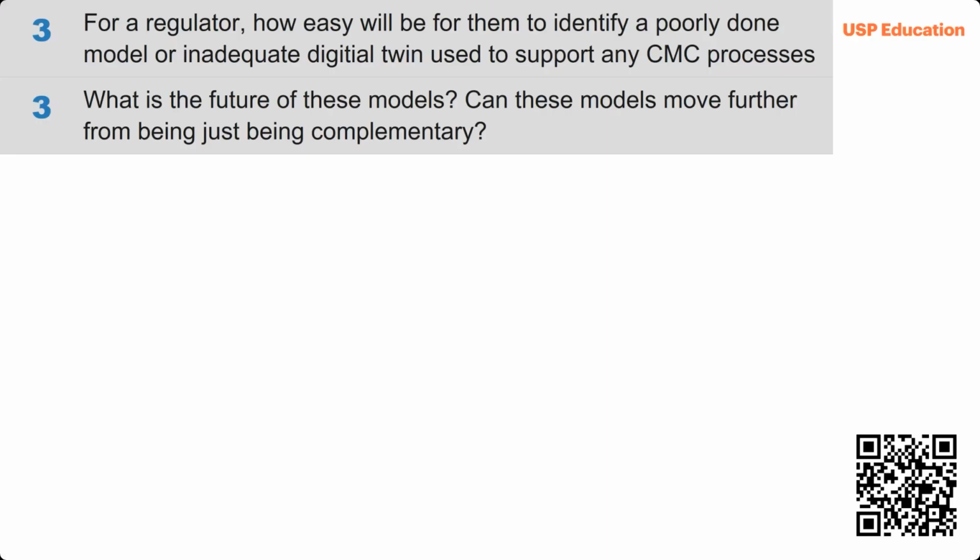By taking the 10, 12 weeks it takes to run these models, you are in a much better position to know it's going to work the first time, so you end up with a much higher level of confidence that the process will work correctly. That same confidence is what the regulators get when they look at your module 3.